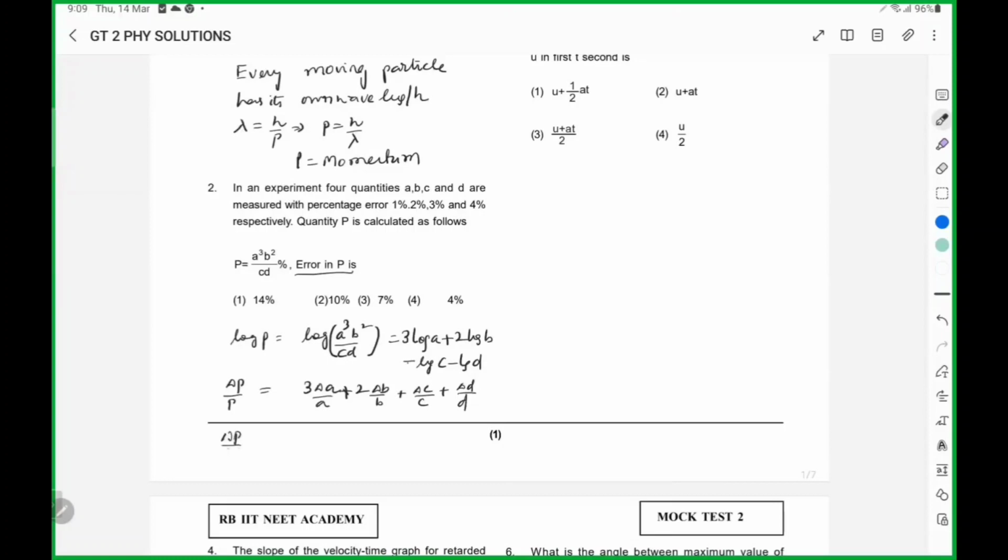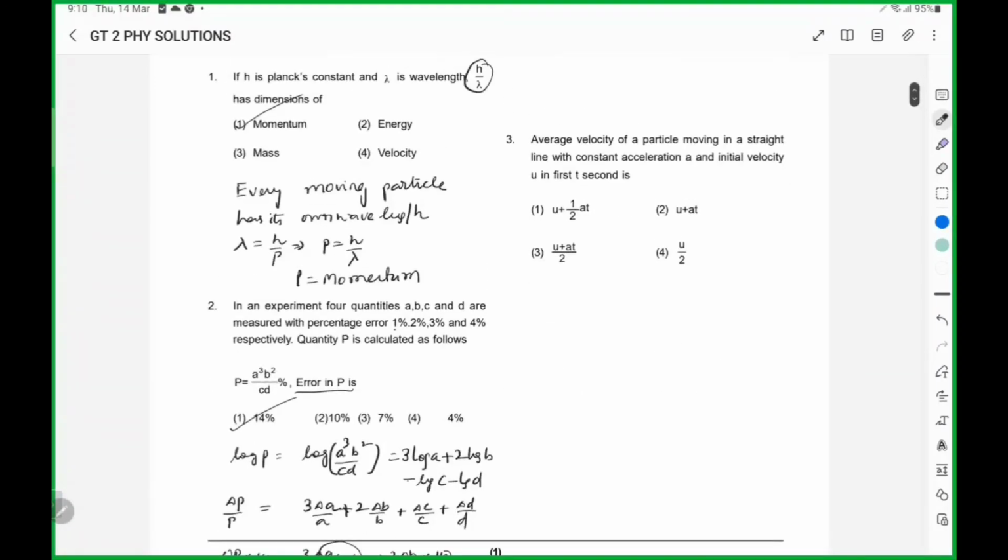So percentage error is 3 delta A by A into 100, 2 delta B by B into 100, plus delta C by C into 100, plus delta D by D into 100. So percentage error in measuring A is 1%, in B 2, in C 3, in D 4, 7, 11 plus 3, 14%.